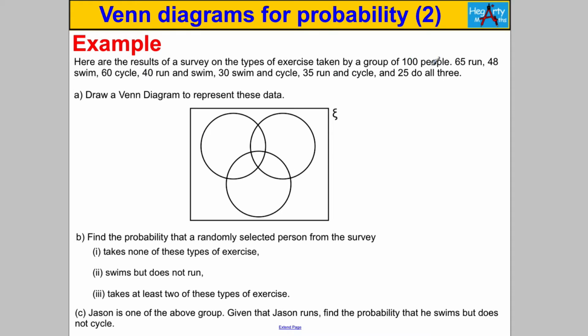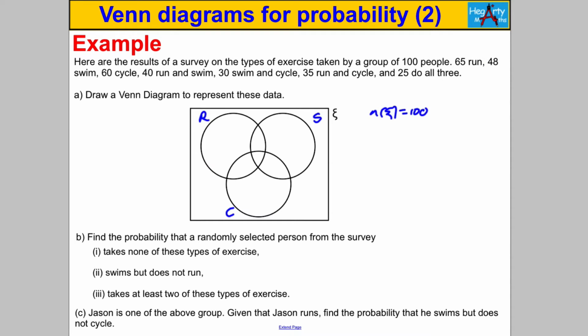Labeling it up, out of the 100 people, we know that our universal set is 100. We know they are either runners, so let's call that capital R for run, swimmers, capital S for swimmers, and cyclers, capital C for cyclers. And we are told various pieces of information about whether they run, swim, cycle, do both, do all three, or do neither. So let's try and populate our diagram.